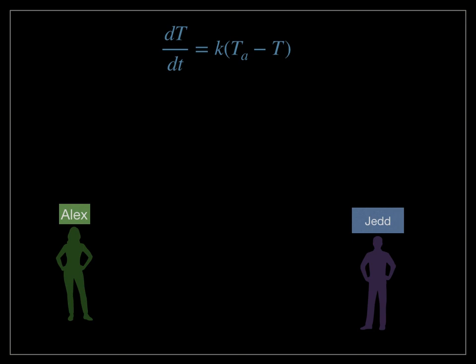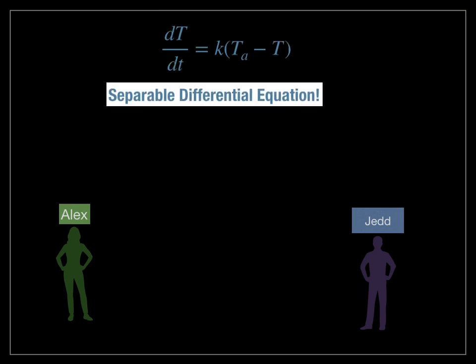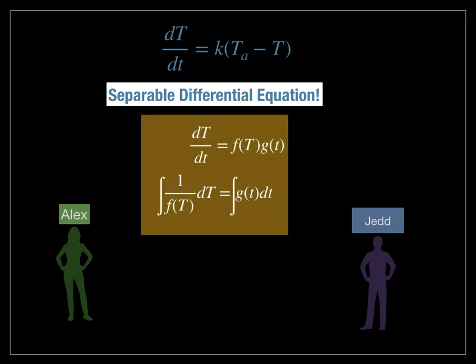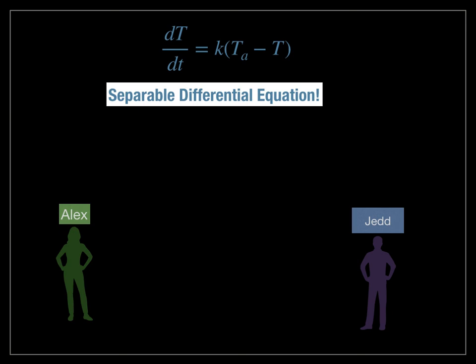Actually, this differential equation in calculus is called a separable differential equation, and there's a method that can help solve this type of equation. Given a general separable differential equation, one can solve it by separating the two functions, f of big T and g of small t, to both sides, and then integrating each of the sides, finding the antiderivative to solve for the unknown variable.